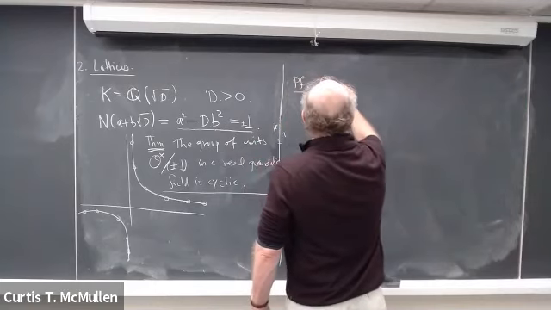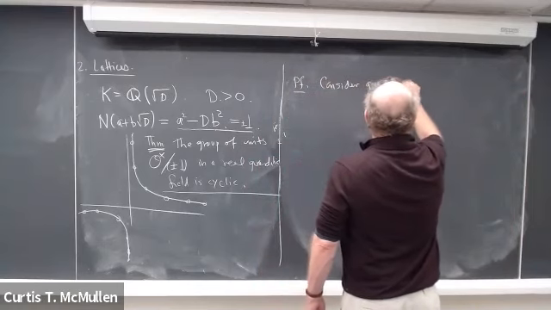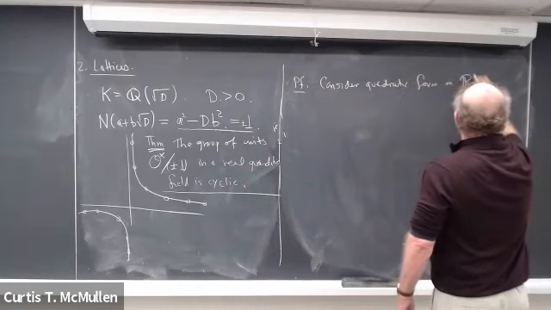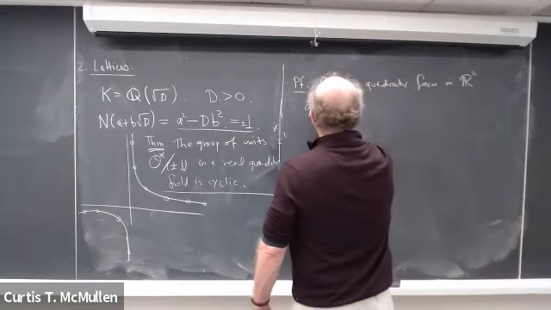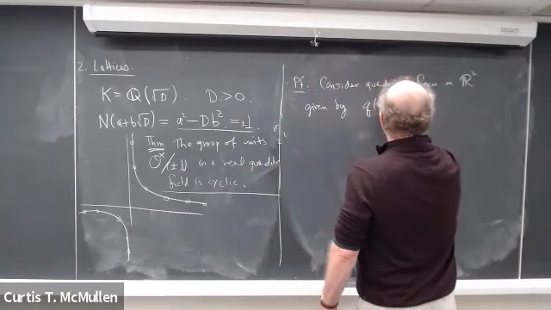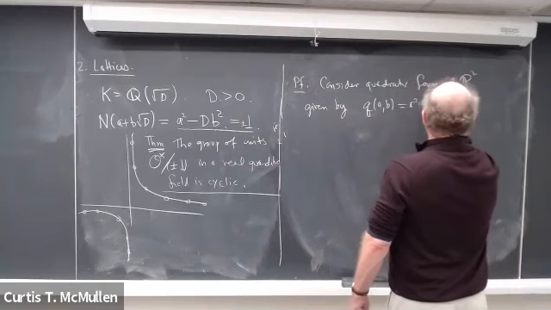We consider the quadratic form on R2 given by Q of (a, b) equal to what I just wrote down, a squared minus d b squared.